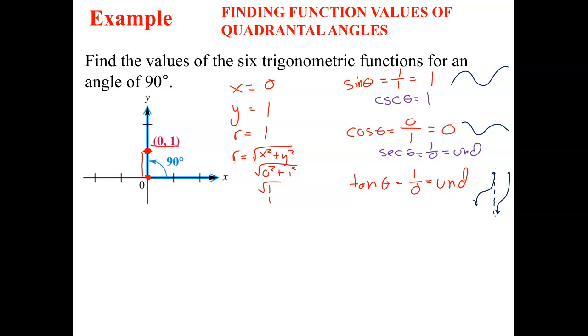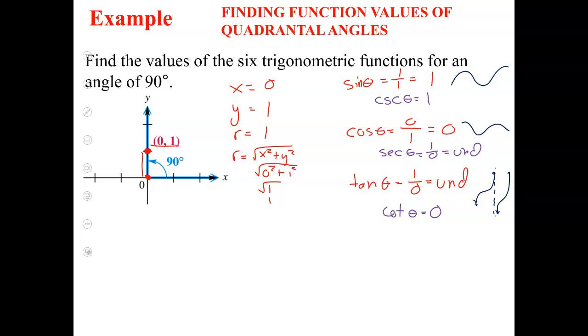Now when tangent is undefined, what is cotangent going to be? 0. If sine was 0, what would cosecant be? Because when cosine is 0, secant's undefined. When cotangent's 0, tangent's undefined. If sine is 0, then cosecant will be undefined.